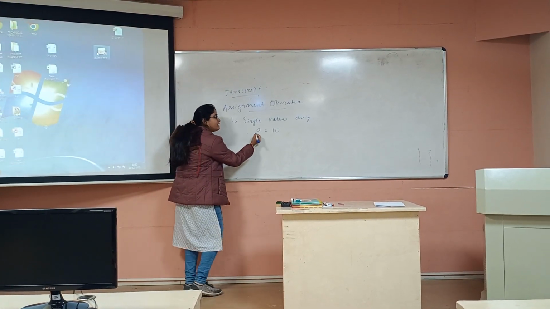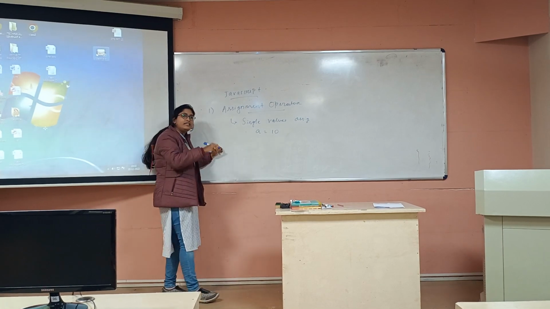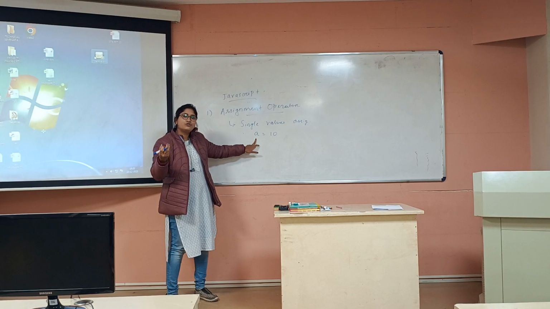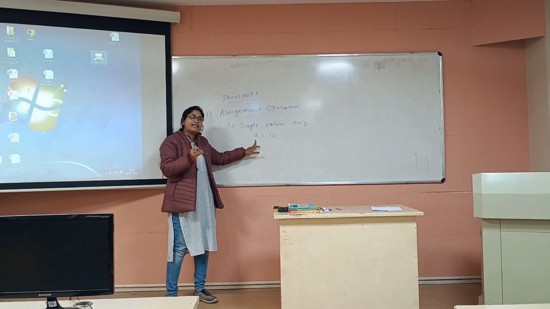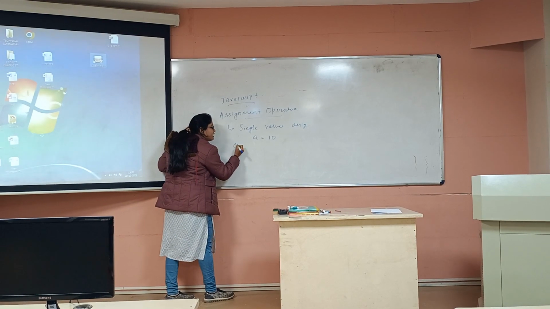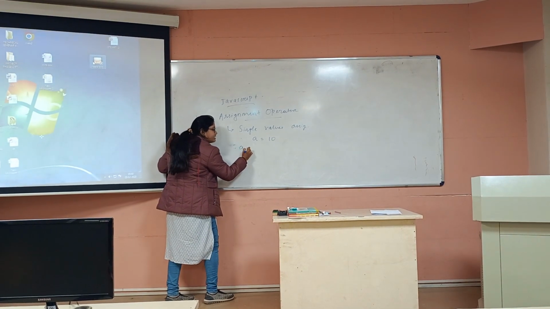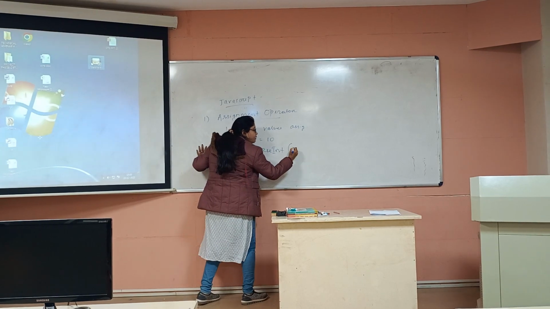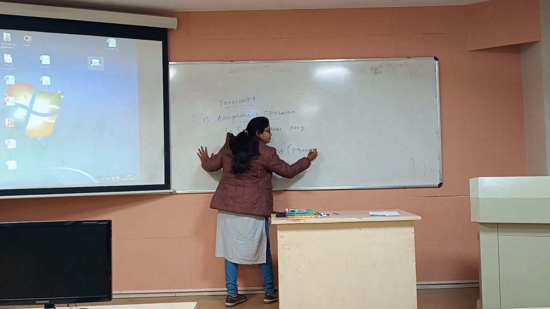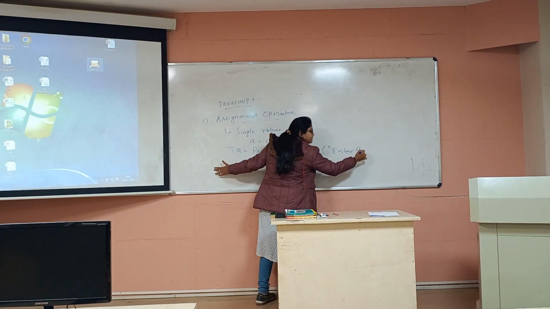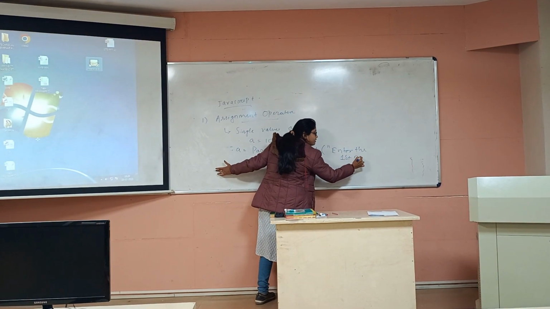Next time, if the user doesn't want to directly give the value to the variable and wants to take the value from the user, then what does he need to write? He needs to write that a is equal to parseInt(prompt("Enter the first number")).